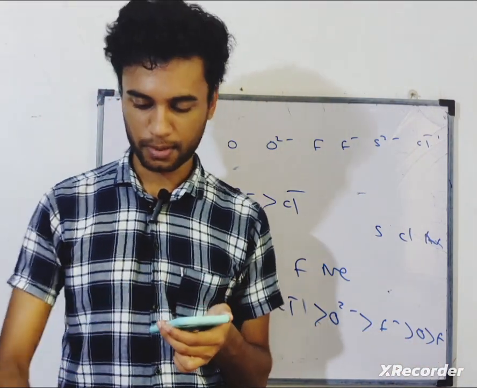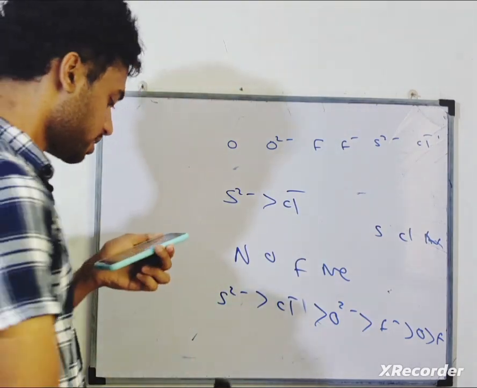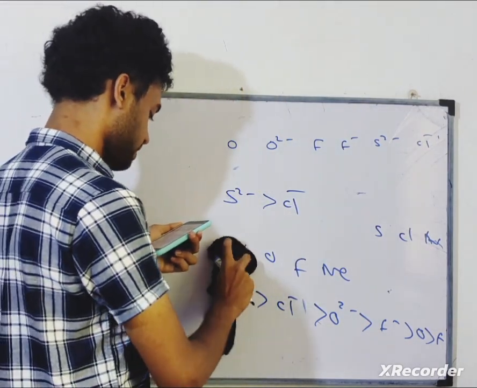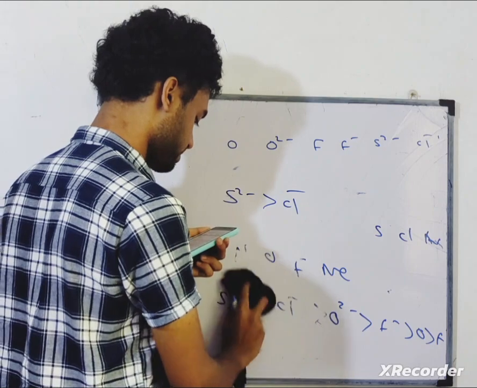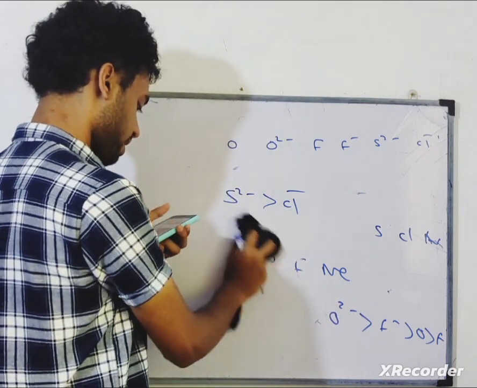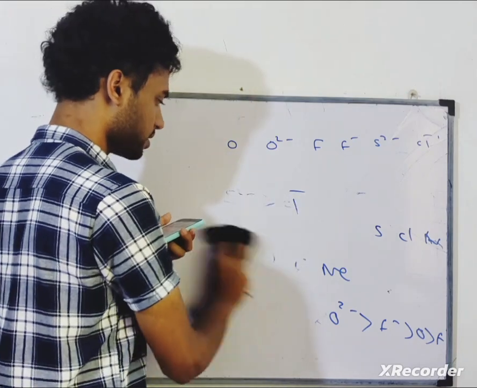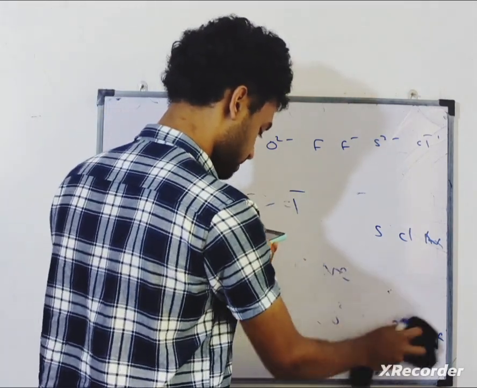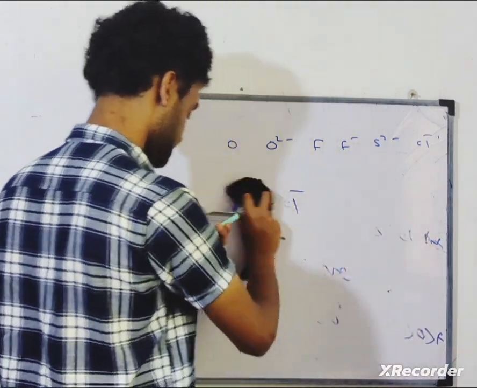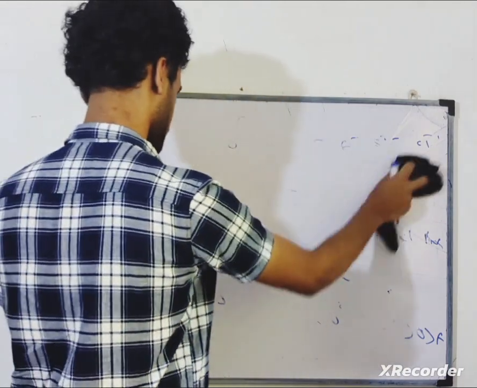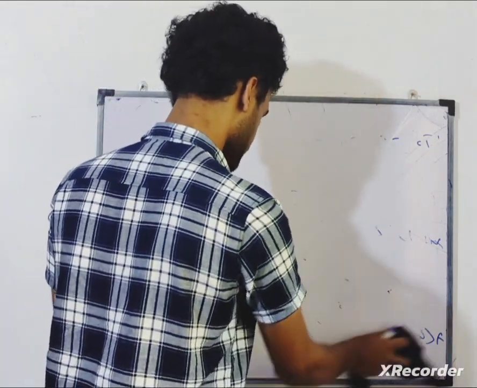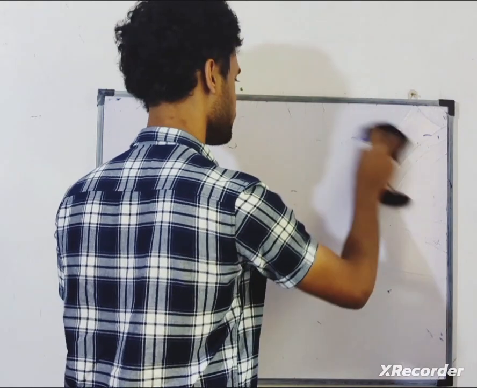A rigid closed container contains N1 moles of an ideal gas at temperature T1 and pressure P1. When an additional amount of the gas was inserted into the container, the new temperature and pressure were T2 and P2 respectively. The total number of moles of the gas now in the container is, that's a very easy question, right?